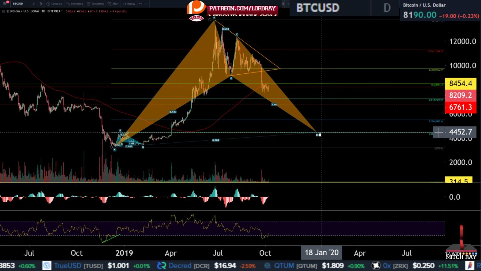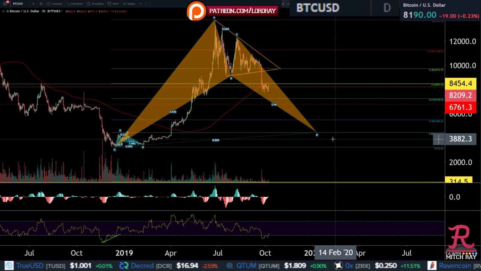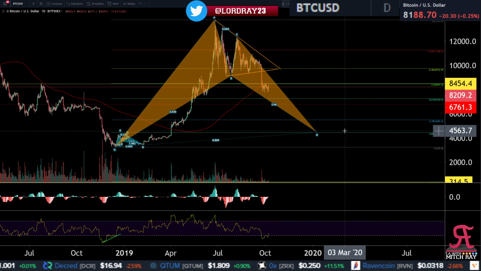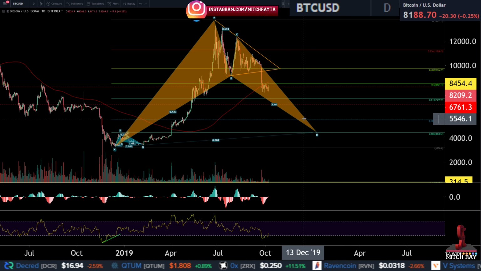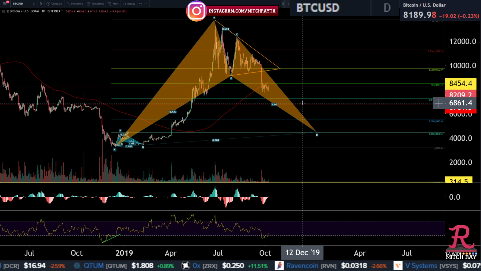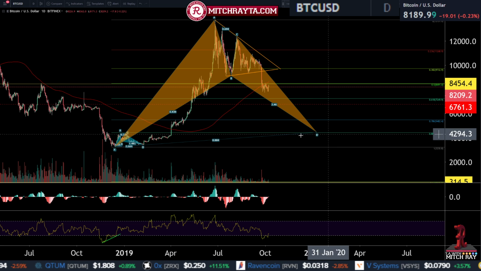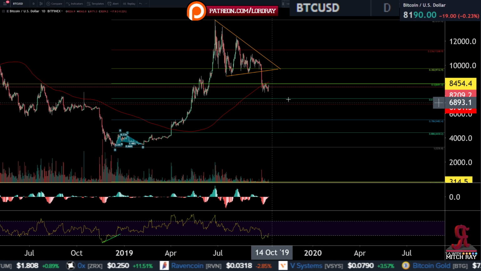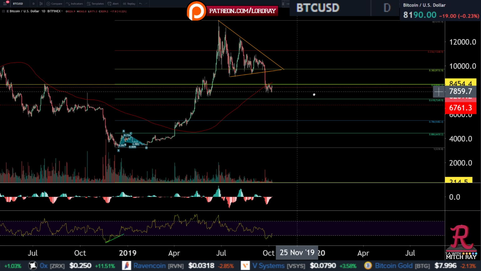It seems unlikely right now, but always a possibility. 4,400, the PCC of a potential huge bullish bat pattern. So, again, not what we want, but at least we know there's deep value levels down there. All right. But again, we're looking for that 68 to 6,700 level.